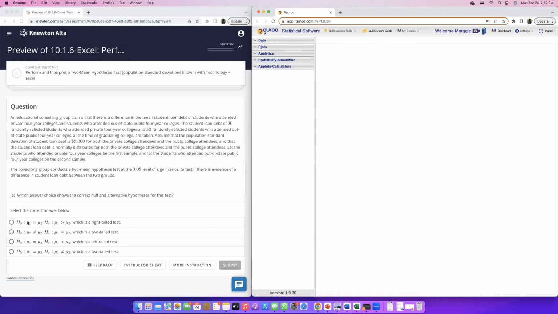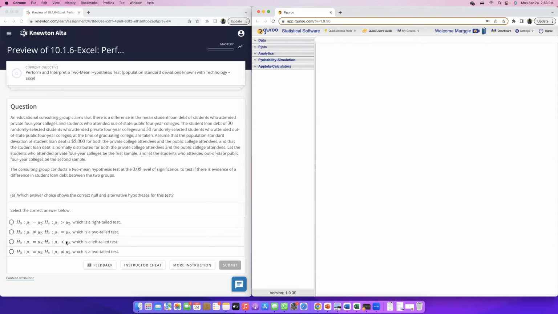The first population is the private college attendees, and the second population is the out-of-state public college attendees. So the null hypothesis always assumes that the means are the same.